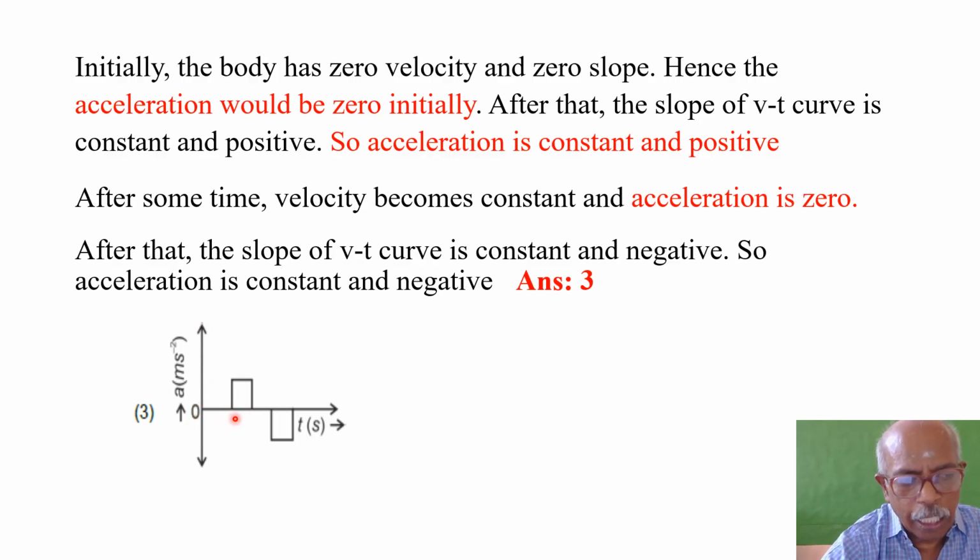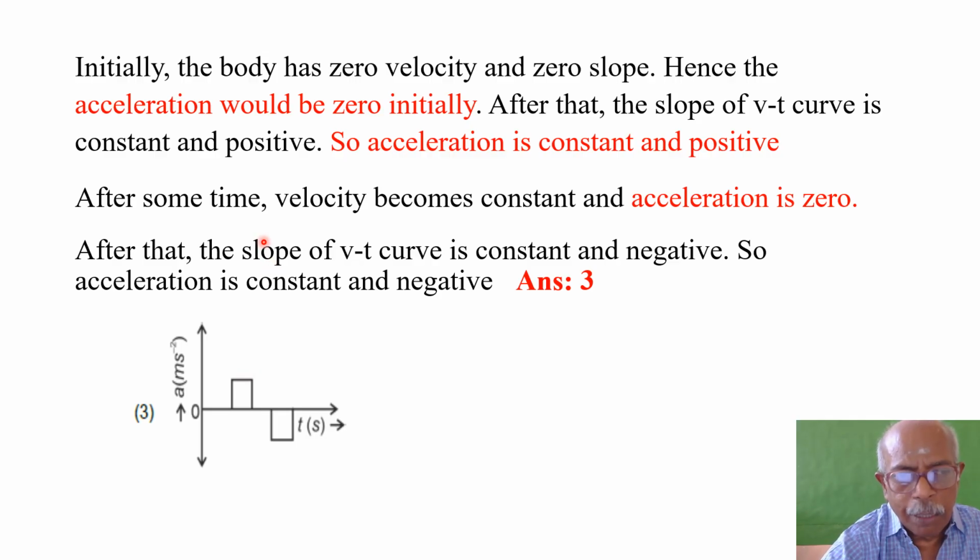Here at the initial point, say t is equal to 10 seconds, acceleration is zero. After that, the slope of Vt is constant. So acceleration is constant and positive. So acceleration is positive and this is constant. From this point to this point, it remains constant.